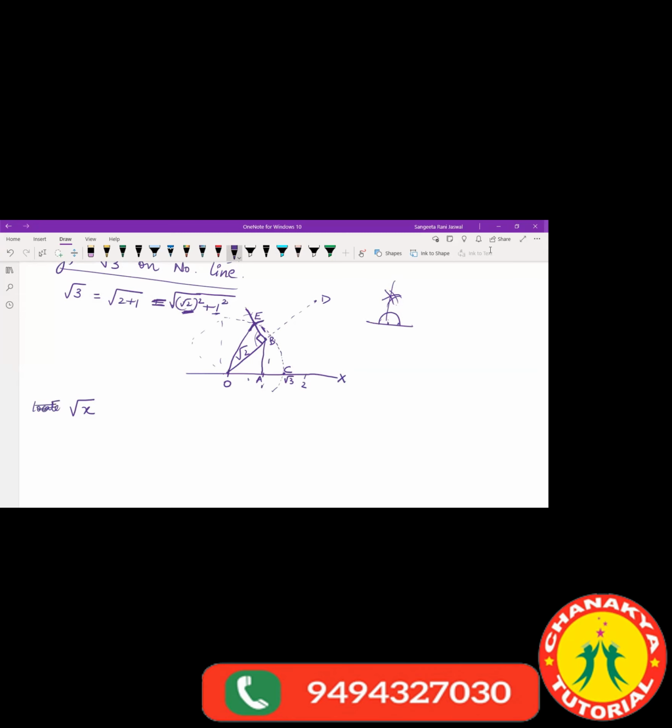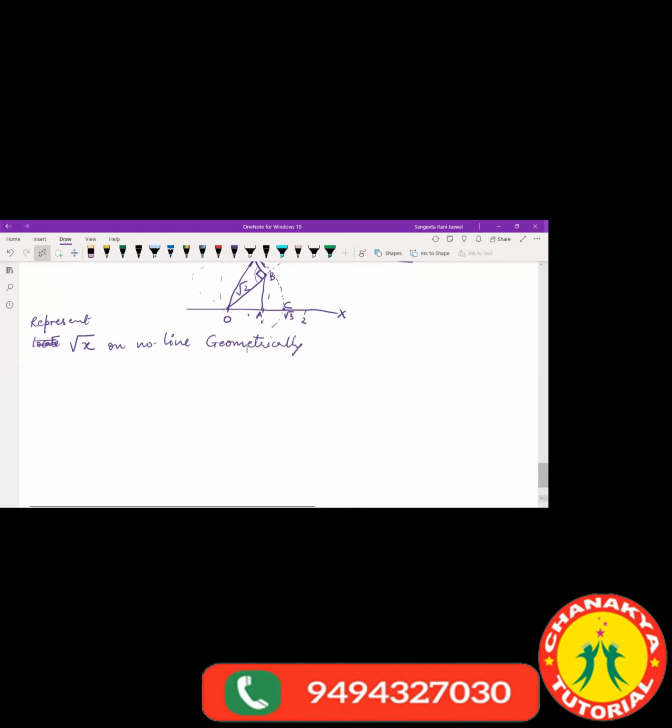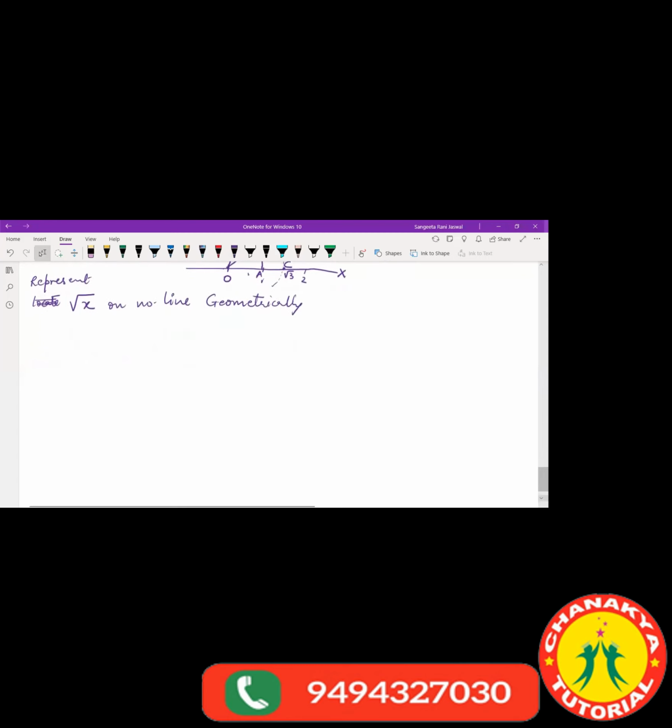Represent, not locate, represent root over x on the number line geometrically, right?